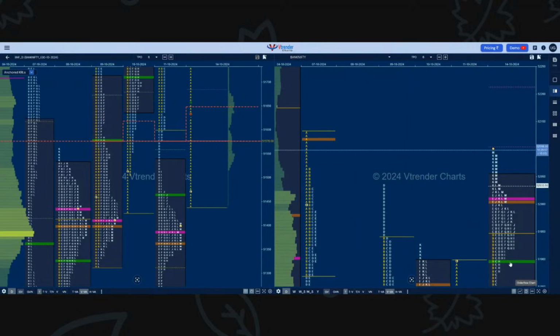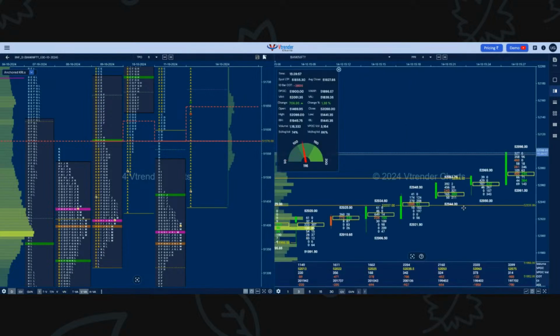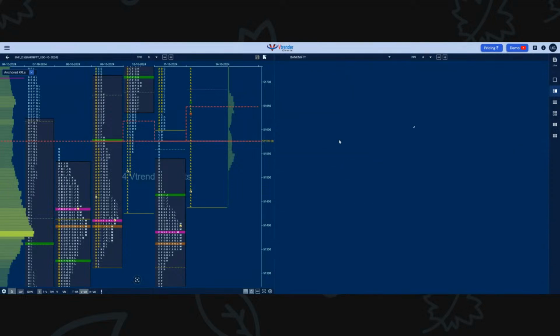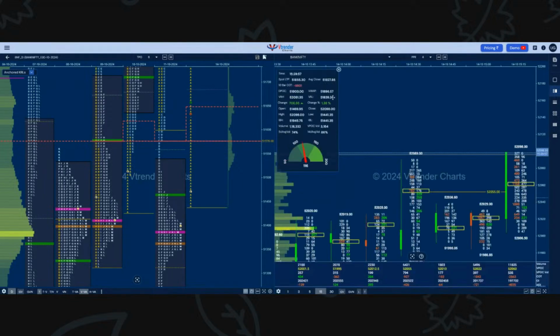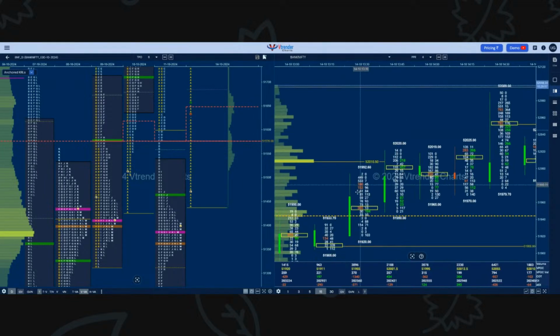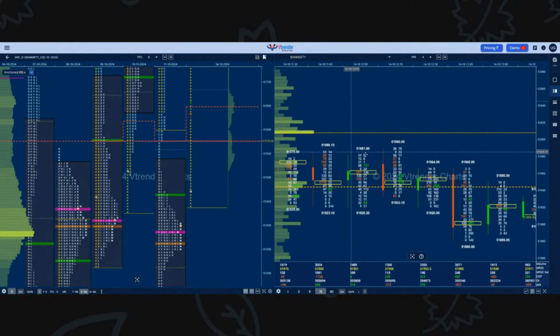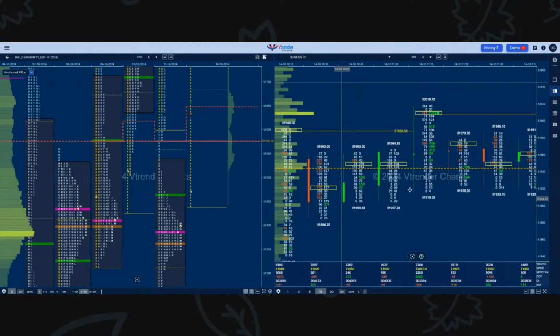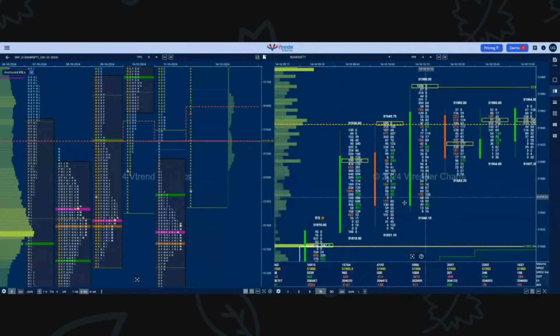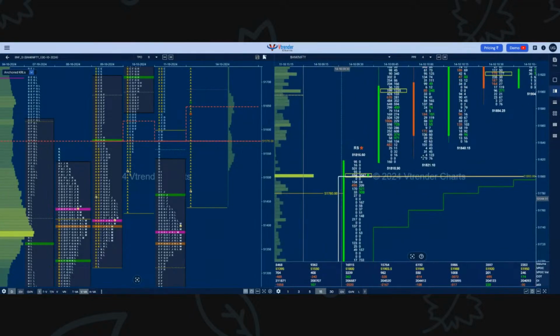will be more clearly seen in the order flow. So I'll also have the 15-minute order flow on the right and the market profile chart on the left.